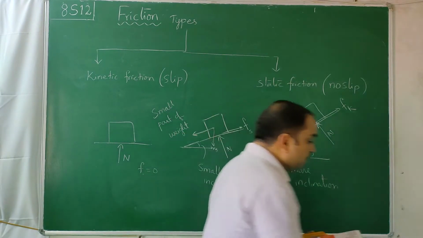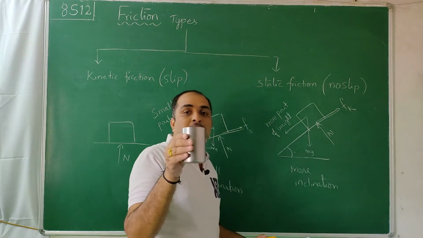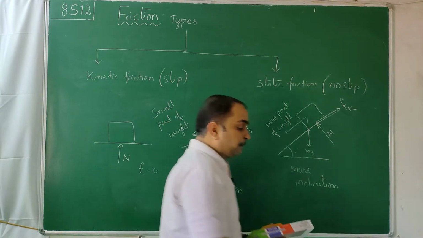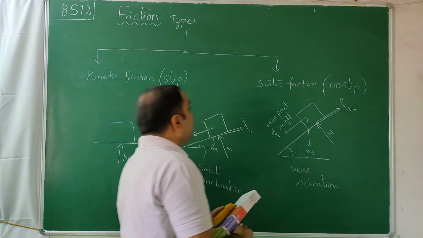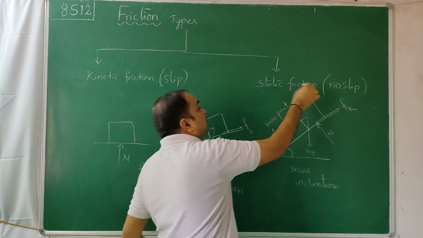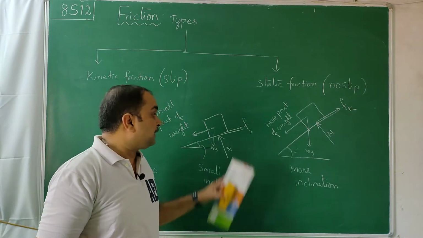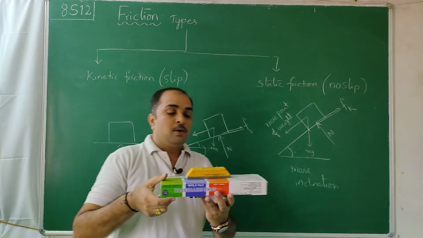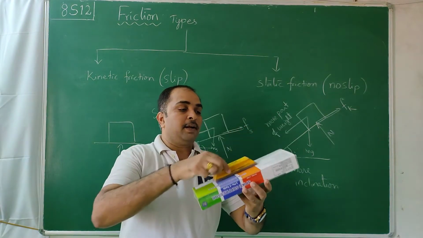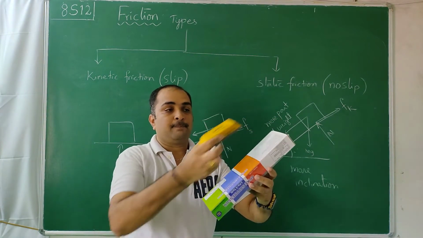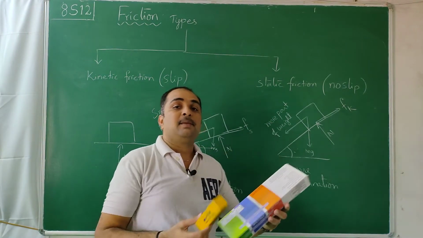Like when I am holding a glass, even though the glass is not falling, if it is a heavy glass, my hands will feel the rupture. That force is called static friction force, which comes into play when there is no slippage. Visibly there is no slip. Now when I incline it to a greater extent, sliding, sliding, sliding, that means slipping is occurring.